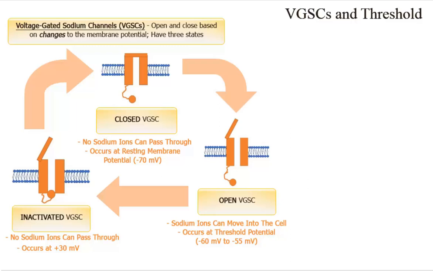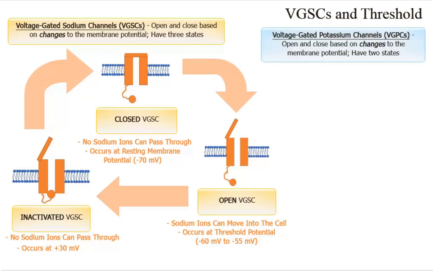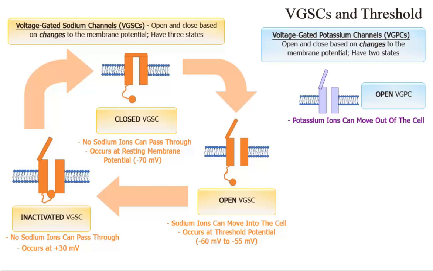The voltage-gated potassium channel I'm going to go ahead and introduce here as well. It's a little simpler, but because it is a voltage-gated channel, that means that it does open and close, again based on changes to the membrane potential. And the voltage-gated potassium channel has two states. So here is a picture of the voltage-gated potassium channel when it's open. And when it's open, it'll allow potassium to leave the cell. And note that the voltage-gated potassium channel opens when the membrane potential reaches positive 30 millivolts.